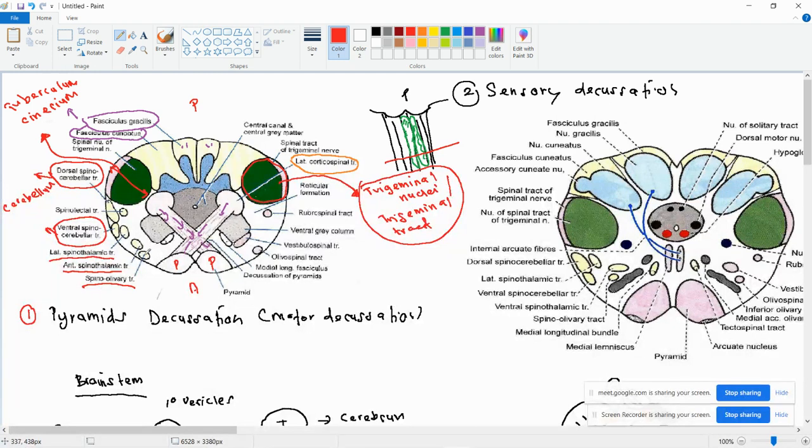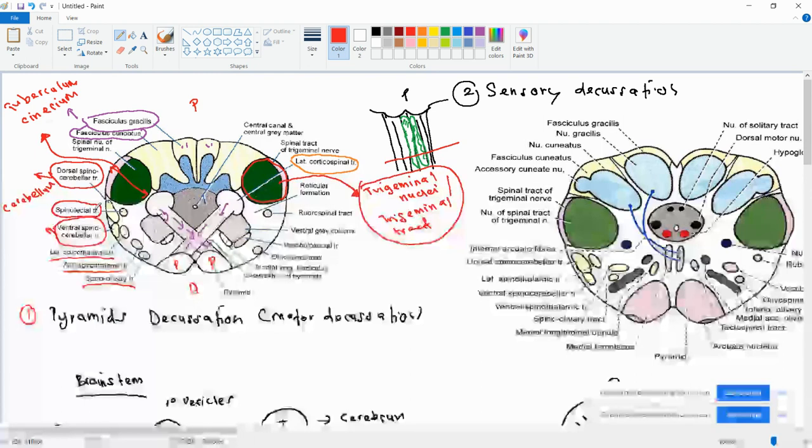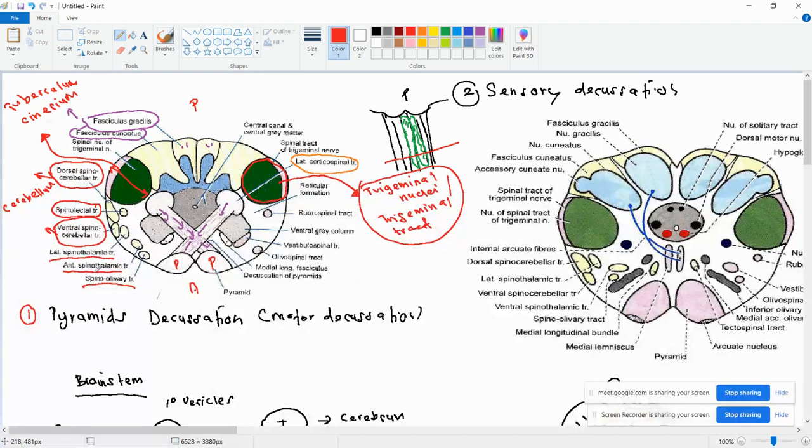For the time being, know that in your medulla you have a lot of sensory tracts: spino-olivary, anterior spinothalamic, lateral spinothalamic, ventral spinocerebellar, dorsal spinocerebellar, and also the spinotectal. All these tracts are sensory tracts, or ascending tracts.